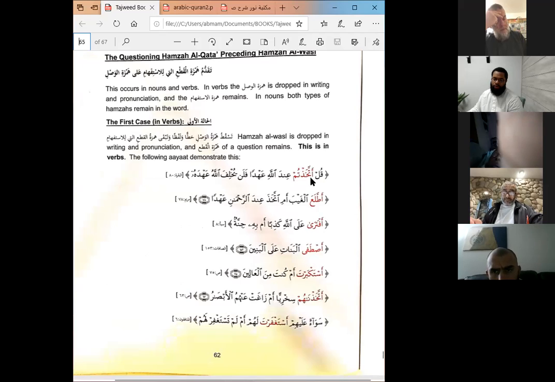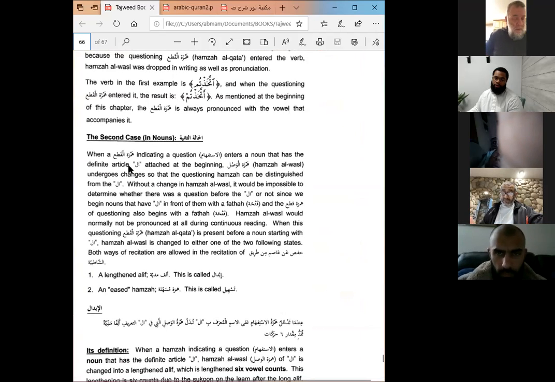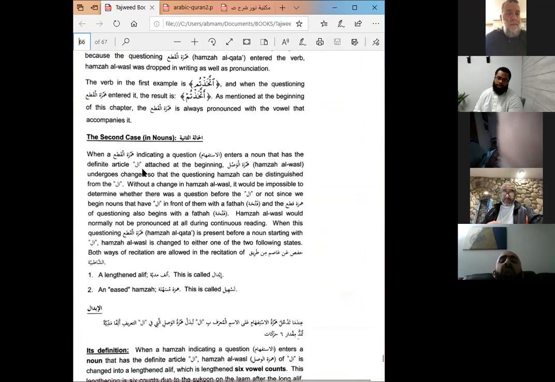So when you begin with a fatha, there's no confusion. You know it's Hamza al-Qata', which is Hamza al-Istifham. But in here, the noun begins with al, so that Hamza has a fatha. So there may be confusion as to, are you saying the inquisitive Hamza or the Hamza of al? So that's why it's been changed.